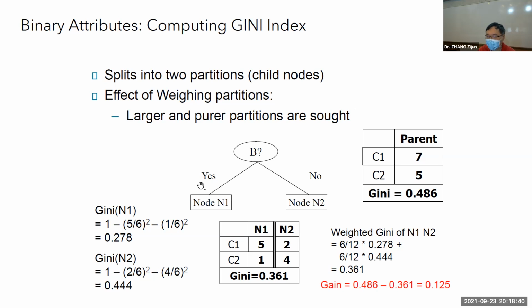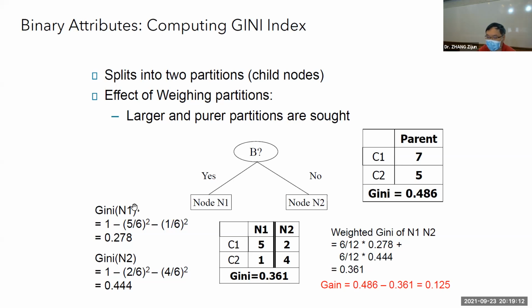Then we split it into 2 parts. Then we have to compute the Gini at node 1 and at node 2. After splitting, the total number of data points in node 1 is 6, and in node 2 is also 6. In node 1, 5 of them belong to class 1, and 1 of them to class 2. In node 2, 2 of them belong to class 1, and 4 of them to class 2.